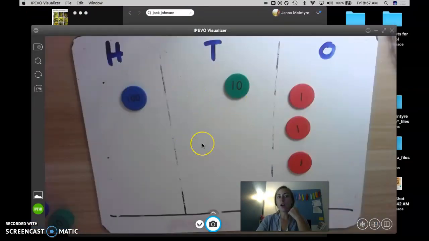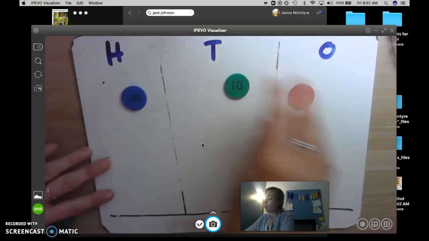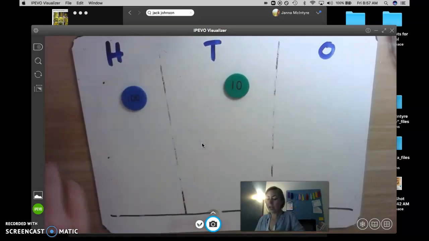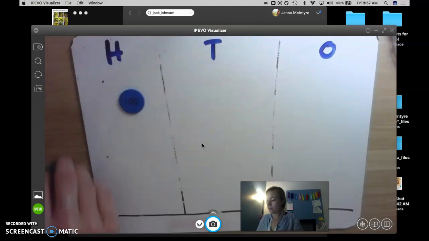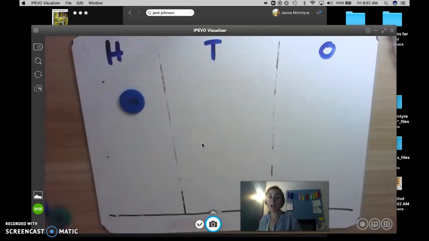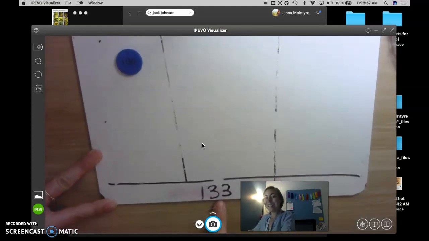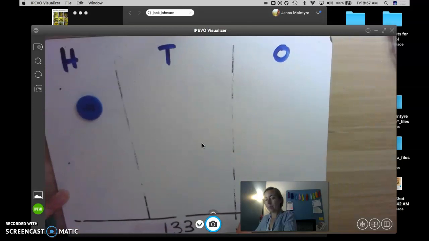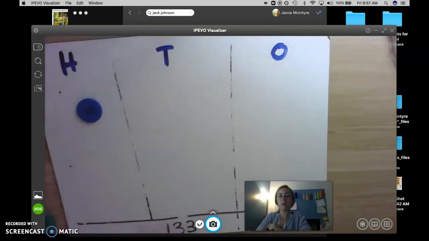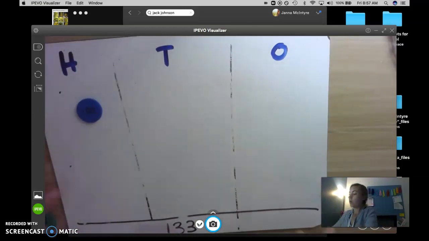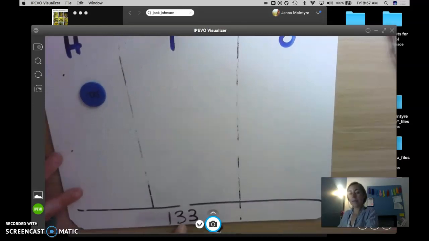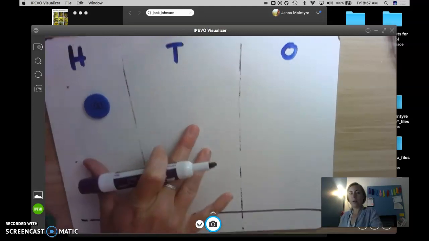Let's do it again on our board. Watch as I change my number to build something else. So now I'm going to build 133. If I'm building the number 133, which digit in the tens place, or rather the digit 3 in the tens place, tells me how many tens I should put in 133.